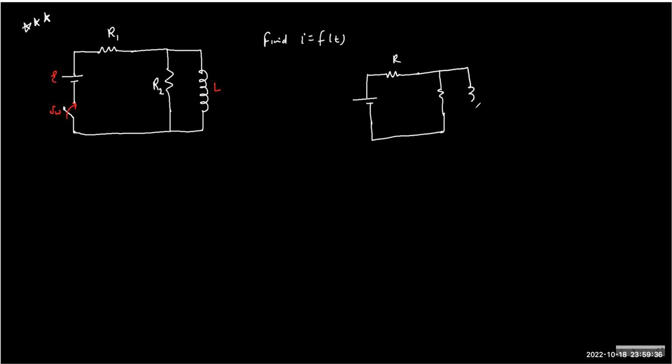We've done something similar to this also, right? RC circuit. Yes, sir. So here the current will be I, you can say I2 or I1. So write KVL here and here.